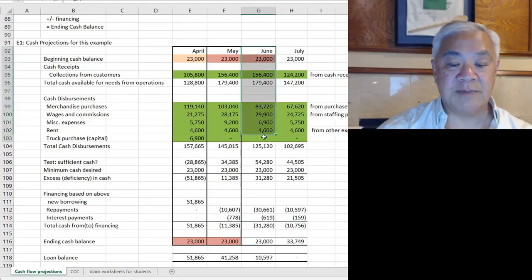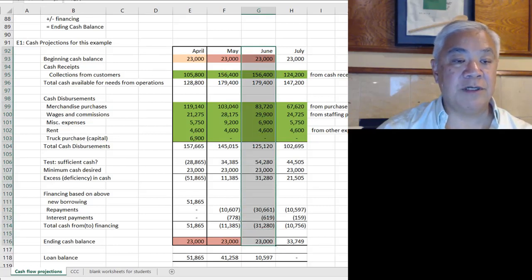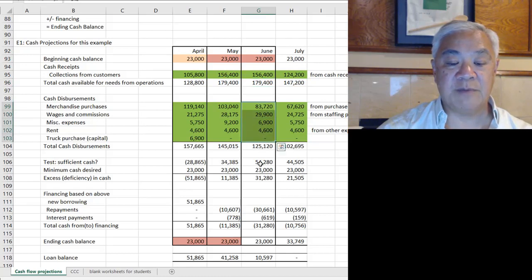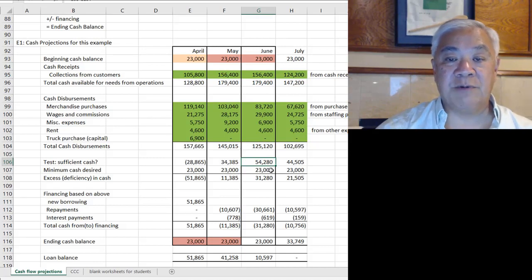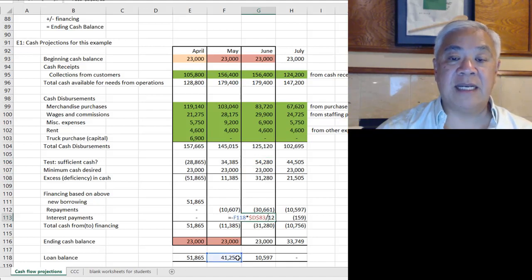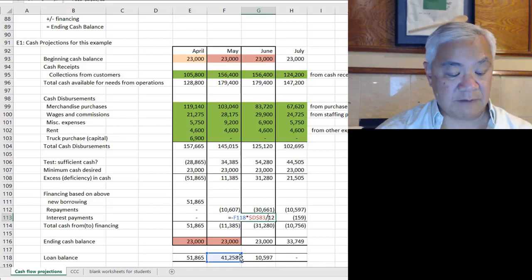So now we go through this particular month and we say, what do we do? Well, we had 23, we add 156, we have 179. We spend all this money from above, which means we have an excess of 54,000. Now we only need 23, so once again, we know we're going to be in good shape. We pay our interest, which is equal to the outstanding balance times the interest rate of 18% divided by 12.